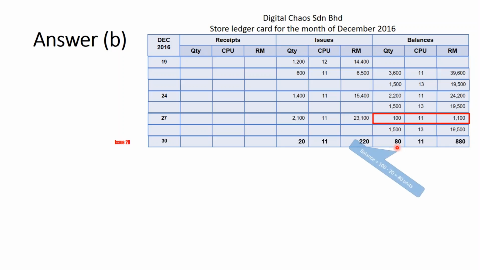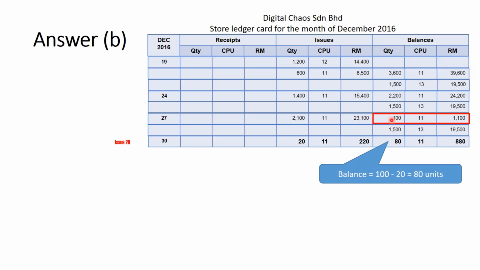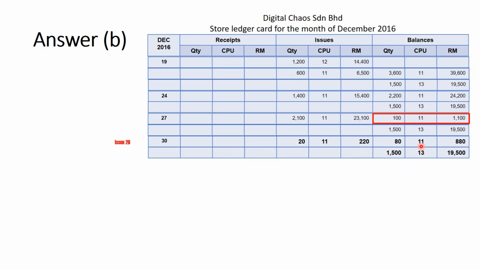And the balance is 80, which is from 100 minus 20, then we get 80 at RM11 cost per unit. And then we record the balance of the stock from the previous.